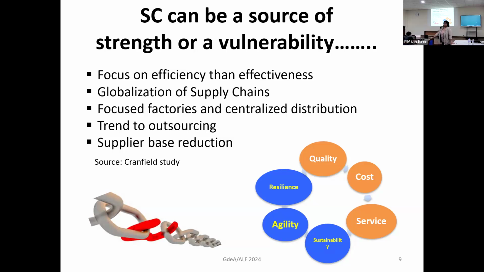So why supply chains became so vulnerable is because in the past, before COVID, all of us were very fanatic about cost, right? Cost, cost, cost. That's the only mantra that companies talk about, and that's the only language they understand. Now there's nothing bad about it, but that is what we were focusing on mostly. So we were looking at efficiency.